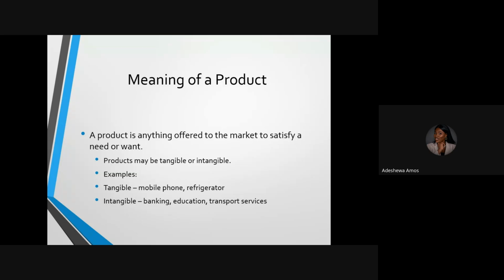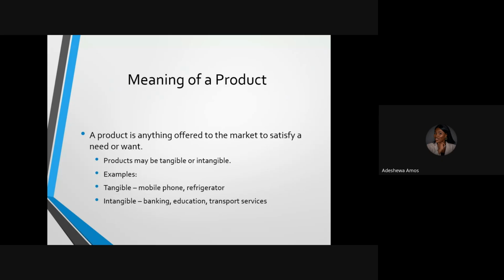But then a product can be tangible or intangible. Okay, examples of tangible products are mobile phones, refrigerators, laptops, and many more. But when we are talking about intangible ones, we have banking, education, and transport services. So whatever I'm doing now, I'm providing you with services.